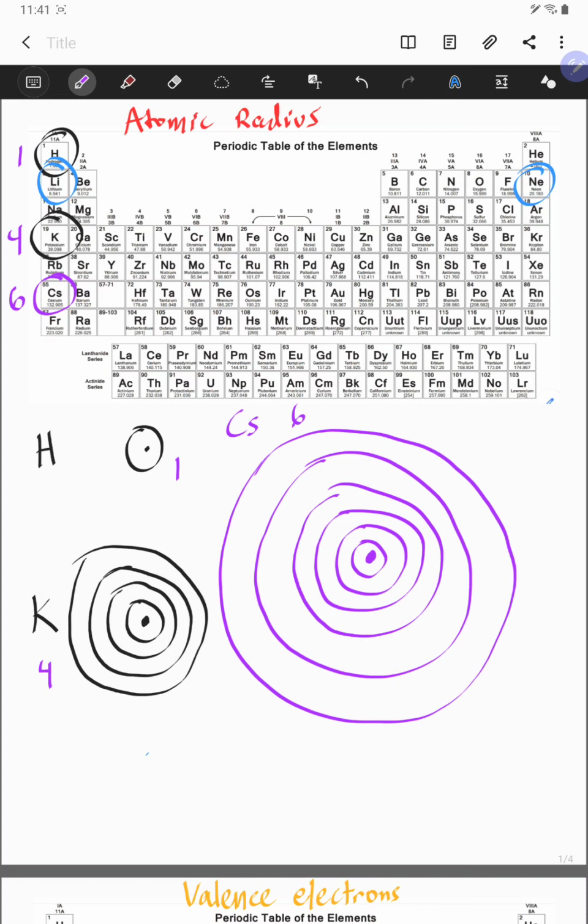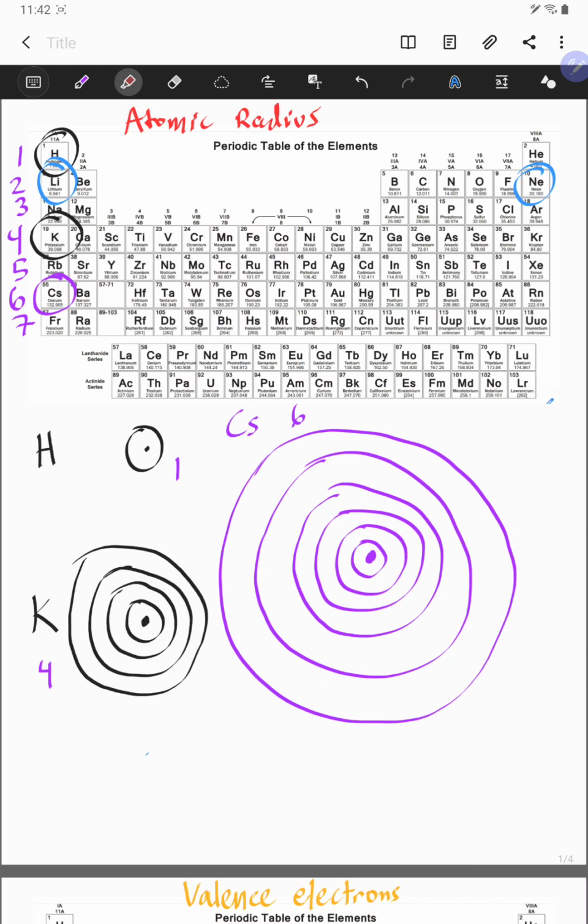So the trend, if we fill in the rest, is that the row number tells us the number of electron shells. And the greater the number of electron shells, the greater the radius.